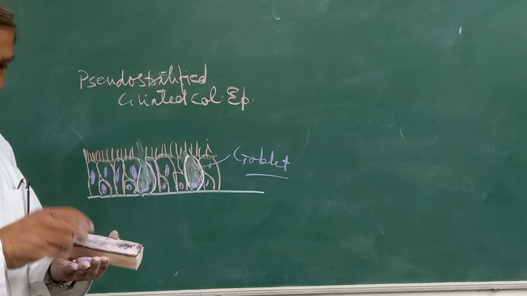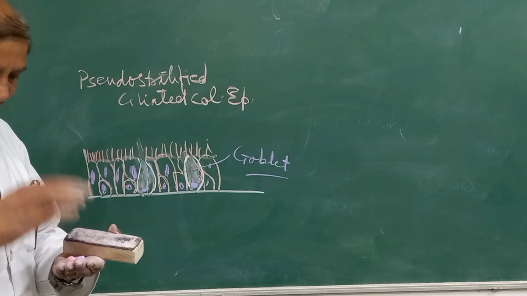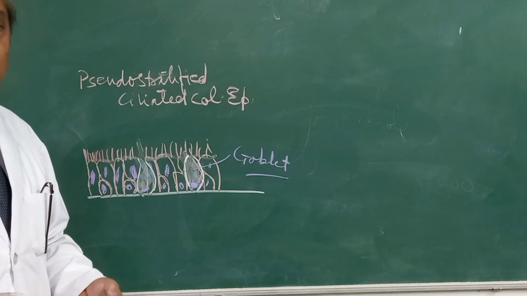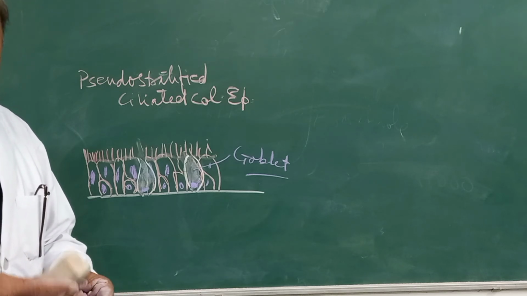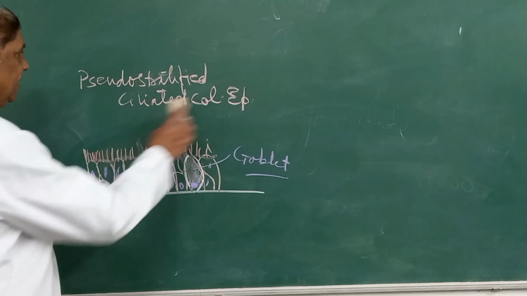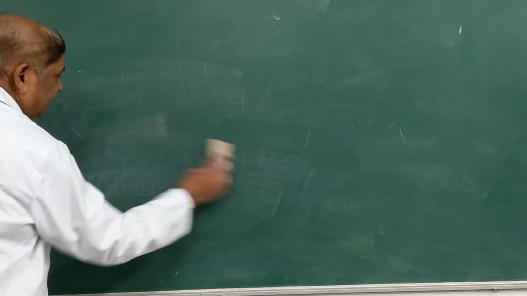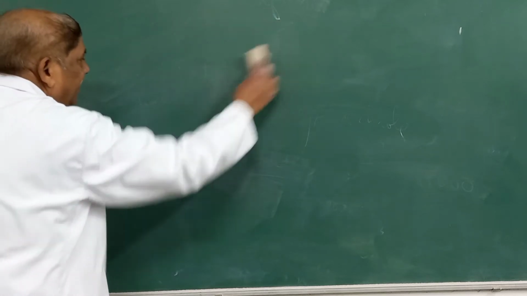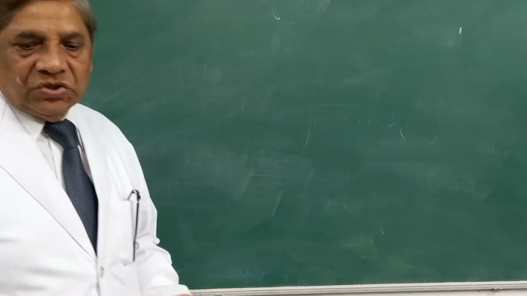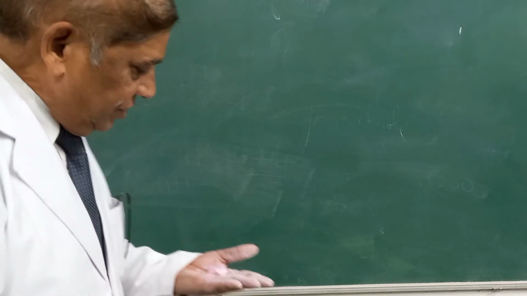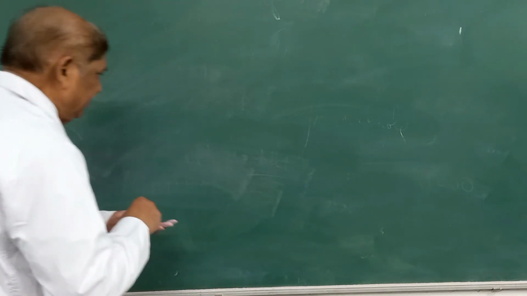Let us see the structure where there is a problem to identify whether it is true pseudostratified or stratified. There was a question from some subscriber yesterday: how to differentiate in that condition which is pseudostratified and which is a truly stratified epithelium.